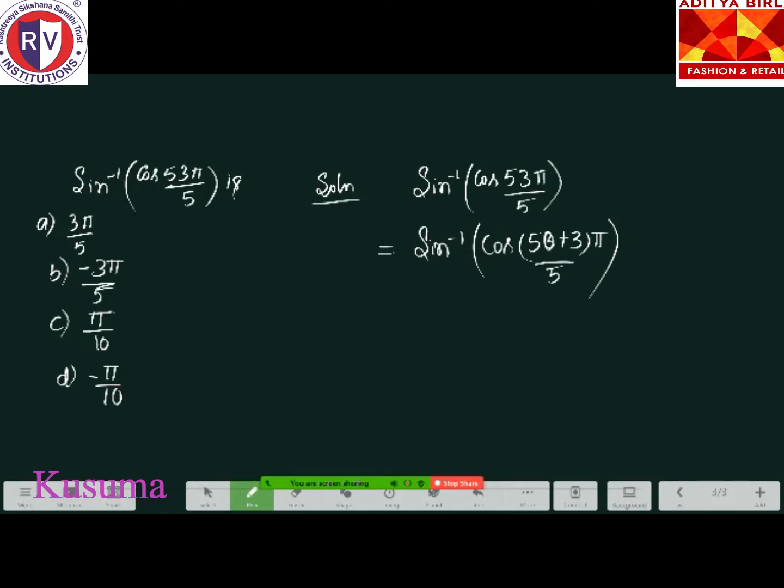So what I am doing is I am just writing 53 as 50 plus 3. So this is further simplified into sine inverse of cos of 10 pi plus 3 pi, that is 3 by 5 pi. Okay. So this takes the form of cos.